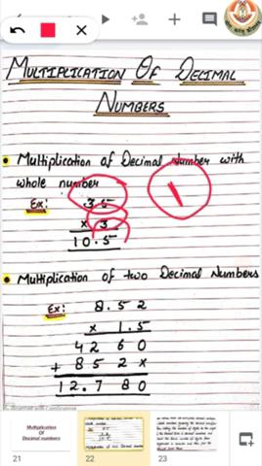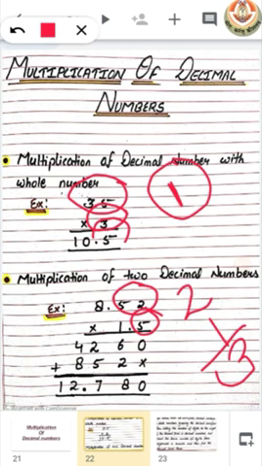Similarly, for multiplying two decimal numbers, we first multiply them as whole numbers, then we count the number of digits after the decimal in both the decimal numbers. Here we have two digits after the decimal, and in this we have one digit after the decimal. Total we have three digits after the decimal.